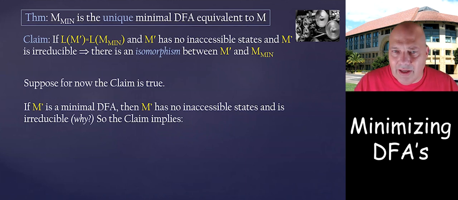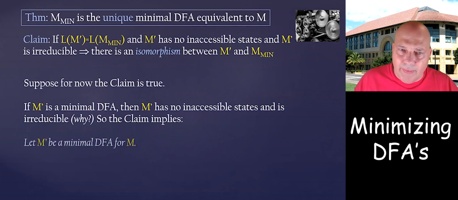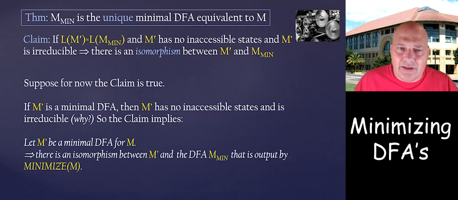So M prime satisfies the condition of the claim, which means there is an isomorphism between M prime and M min, which is the output of our algorithm.